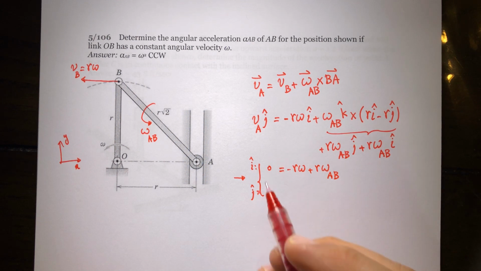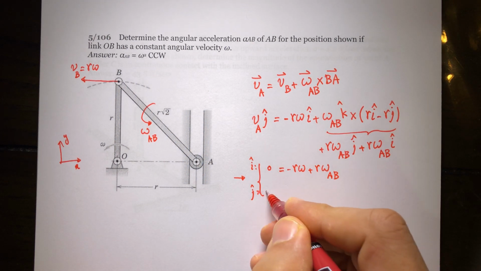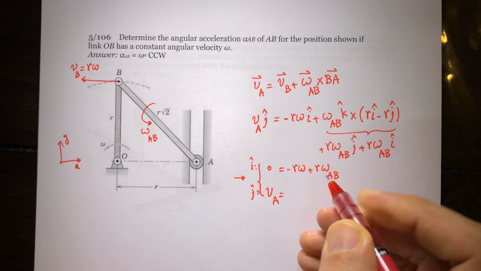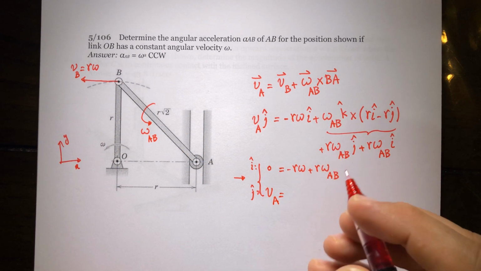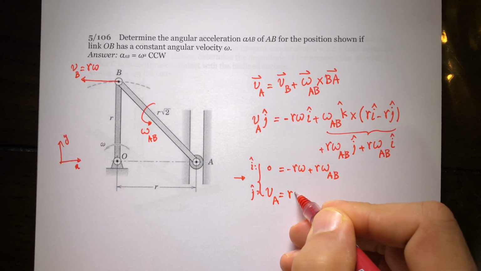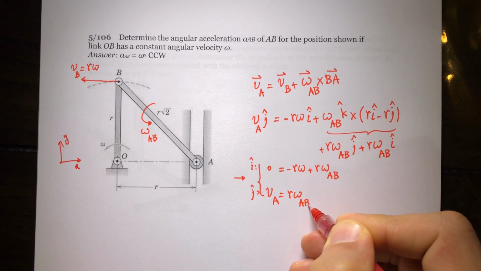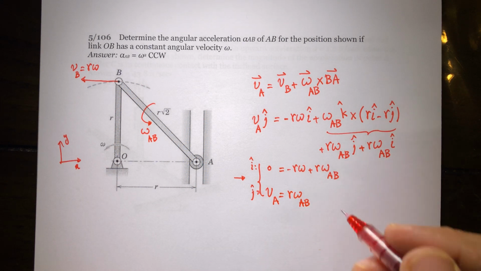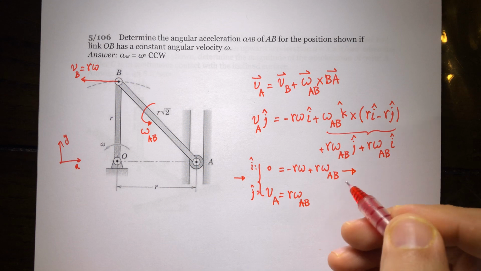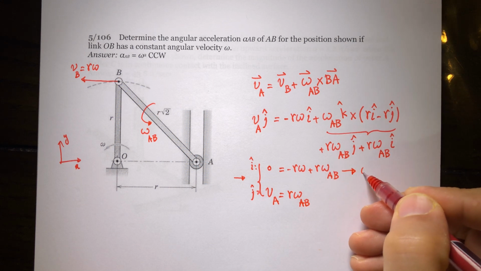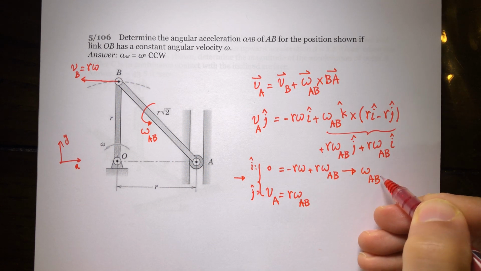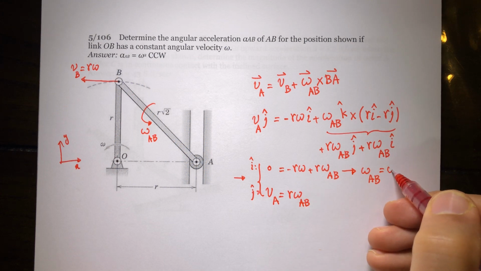And for the J direction, velocity of A here, and on the other side of the equation, we have r times omega AB. From the first equation, we are going to be able to find omega AB, which is going to be equal to omega.